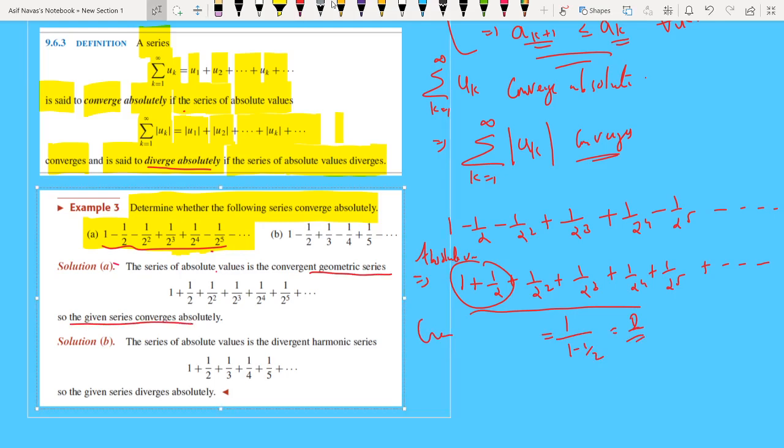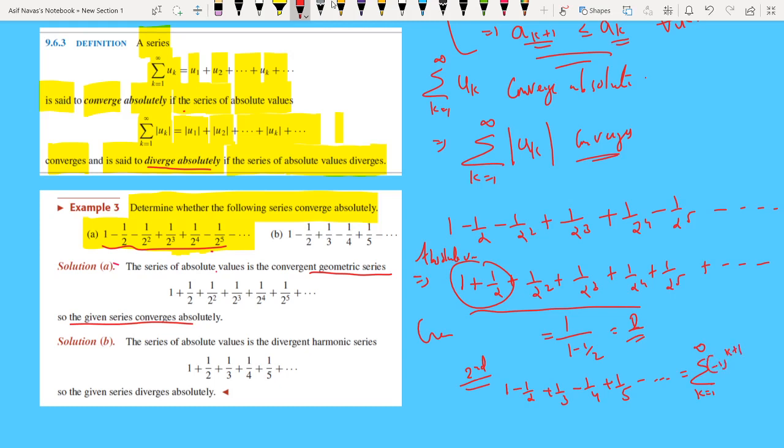Now, what about the second series? This is actually 1 minus 1 by 2 plus 1 by 3 minus 1 by 4 plus 1 by 5 minus etc. So this series is actually an alternating series, sigma k equal to 1 to infinity minus 1 power k plus 1 by k.